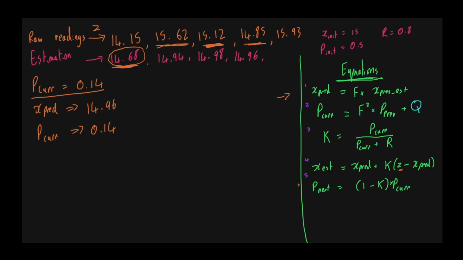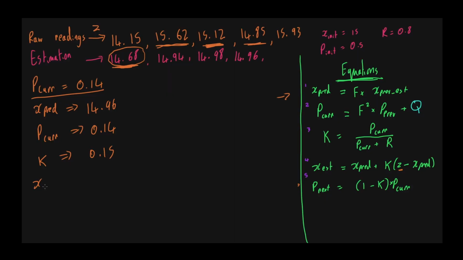Then the Kalman gain: the Kalman gain equals the current state error covariance divided by the current state error covariance plus the measurement error covariance. Quite wordy, but I calculated that as 0.15.